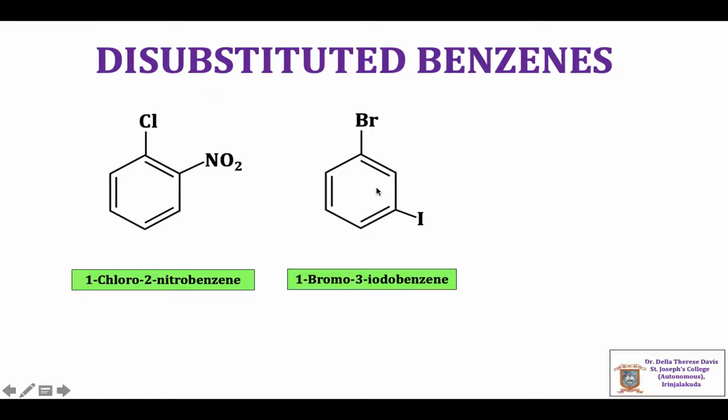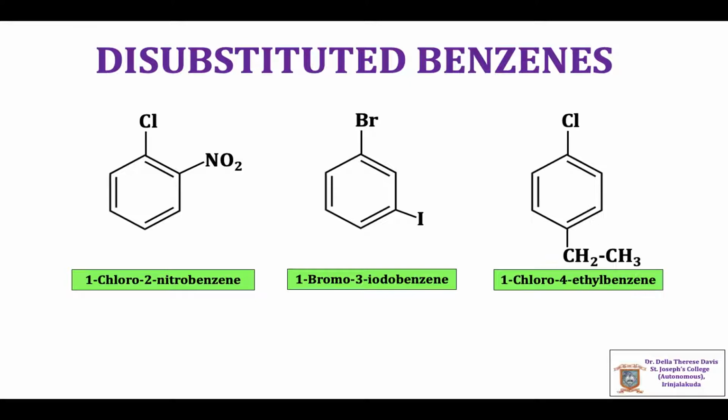Hence the molecule is 1-bromo-3-iodobenzene or metabromoiodobenzene, since the substitution is at the meta position with respect to the first substituent. In the next example, one substituent is chlorine and the other substituent is an ethyl group.